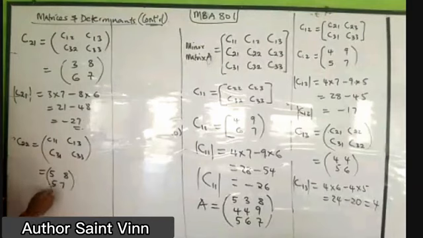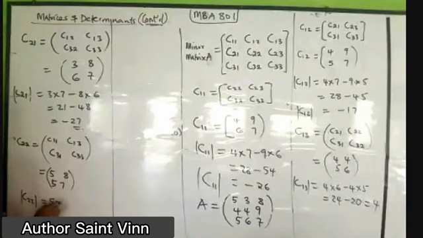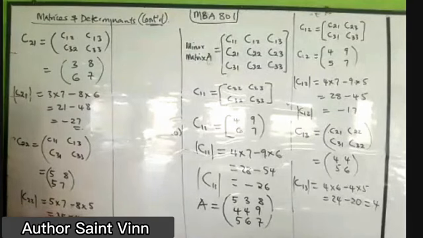I hope you are calling the right thing. Yes, sir, we'll find out at the end. 5 times 7 minus 8 times 5. That's 35 minus 40. That one is settled.